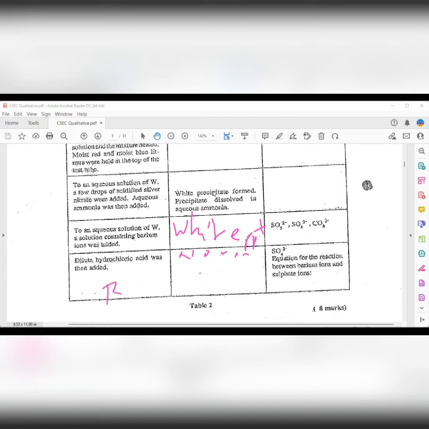Basically, they're asking you to write the ionic equation. So it's Ba2+ (aq) plus SO4 2- (aq) to produce BaSO4 (s). Okay, that's what they're asking you to do there. You have to know how to interpret the question that they're asking you. All right, so we proceed.